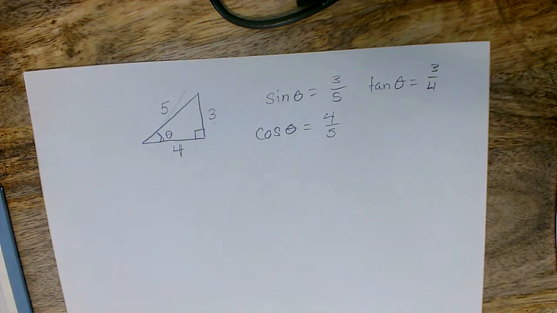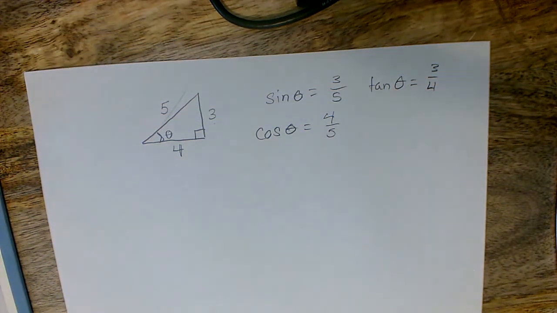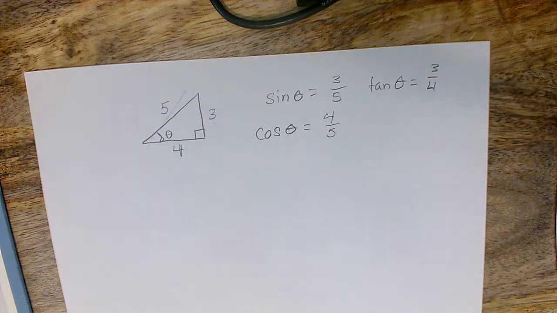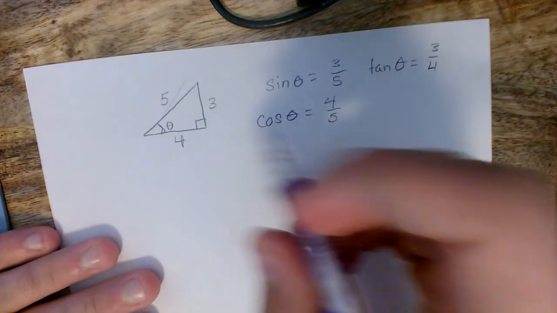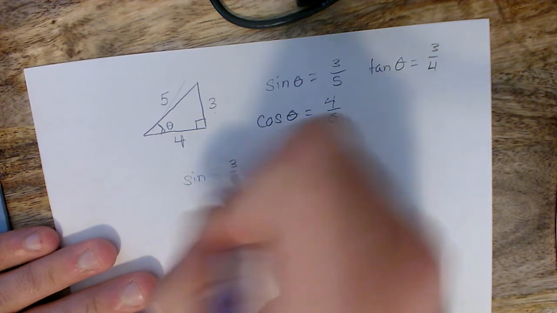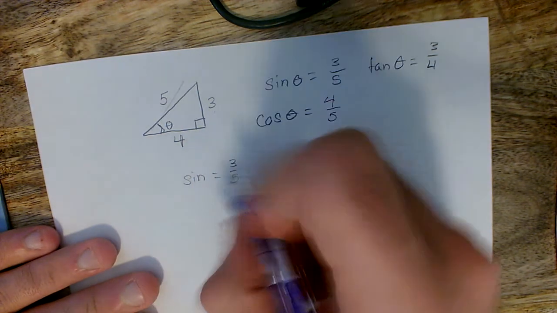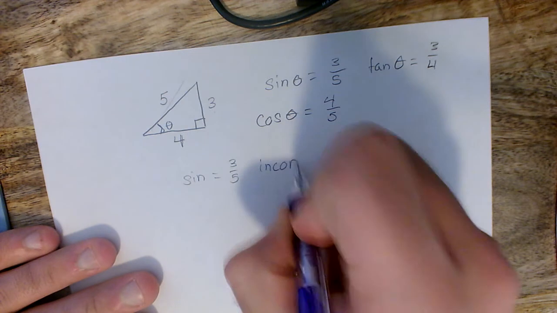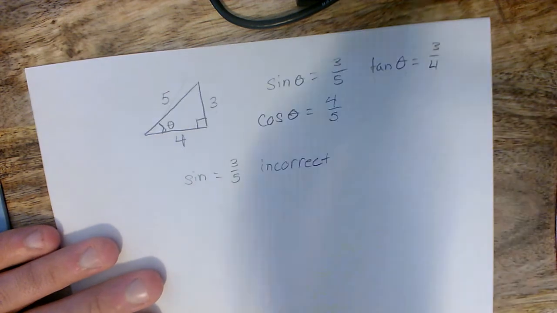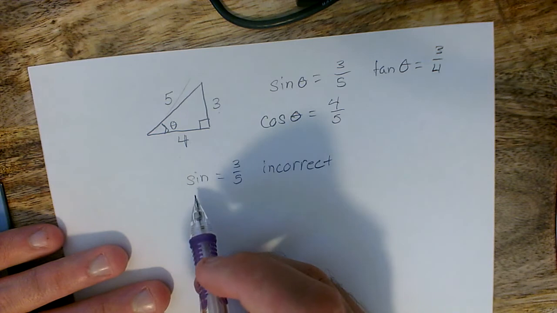So we have to be careful when we're writing these expressions, because it would be incorrect to write, for example, sine equals 3/5, because we don't know what we're taking the sine of here. Sine is a function. It's not a value.